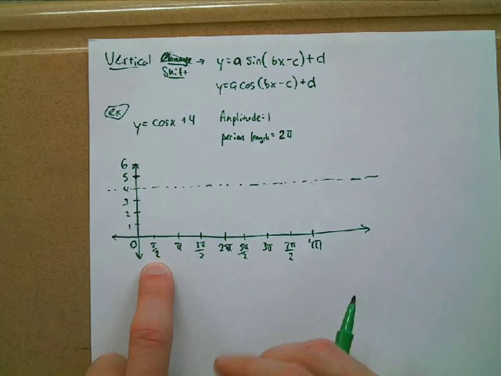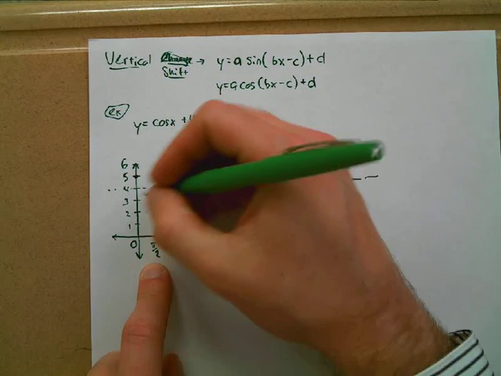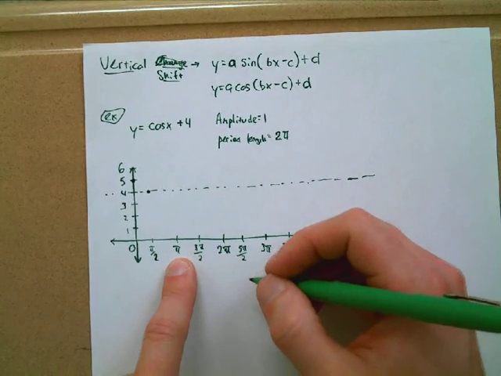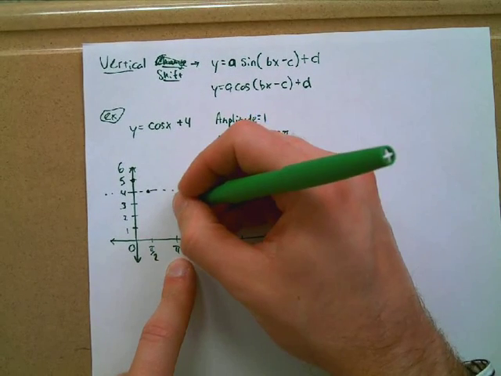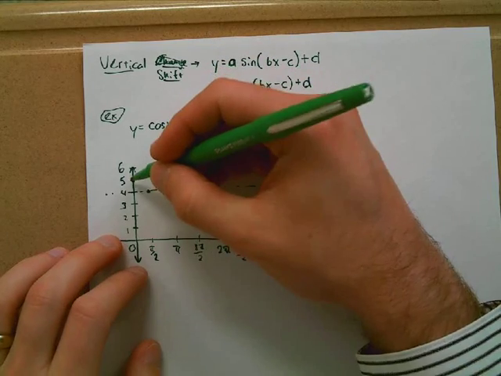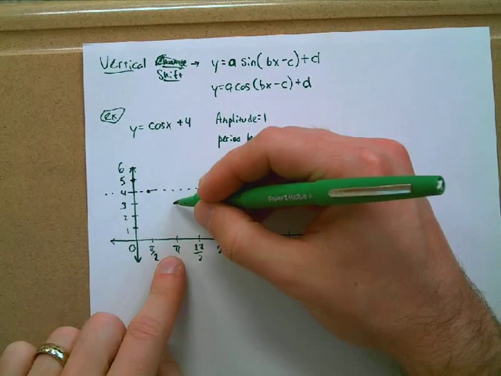So we can see the next thing we're going to go to: at 3 pi over 2, we're going to be back at 4. Just following the pattern. At 2 pi, it's now going to be above, at the 5. 5 pi over 2 is back on the axis. 3 pi is back below the axis. 7 pi over 2 is back on it. And then 4 pi is back above. Then just connect the dots.